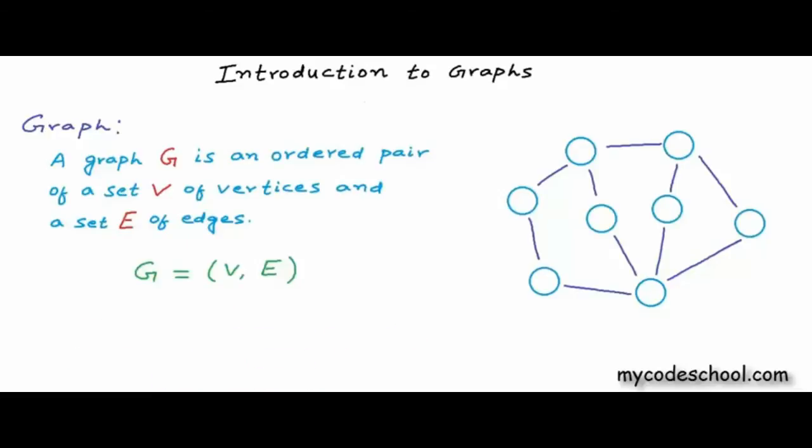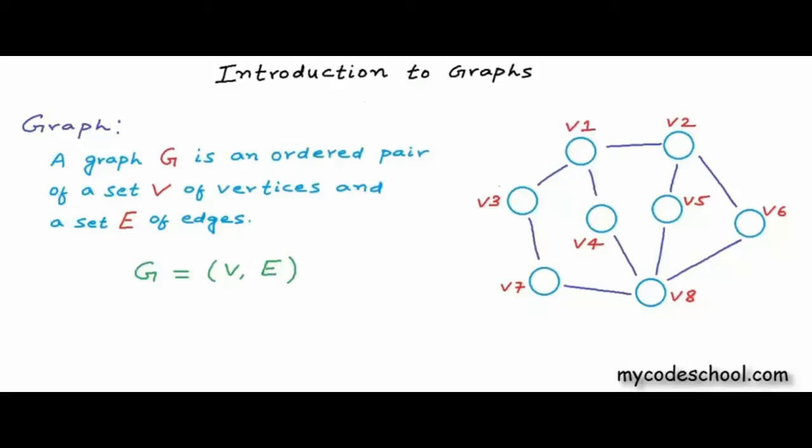Now I have a graph drawn here on the right. This graph has 8 vertices and 10 edges. What I want to do is give some names to these vertices, because each node in a graph must have some identification. It can be a name or it can be an index. I'm naming these vertices as V1, V2, V3, V4, V5 and so on, and this naming is not indicative of any order.